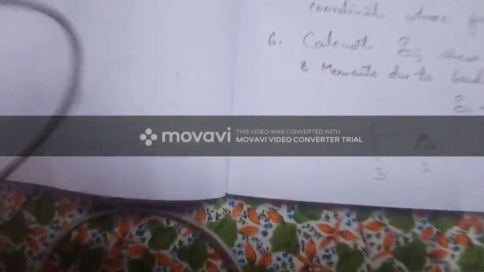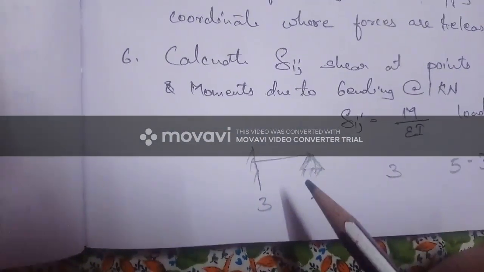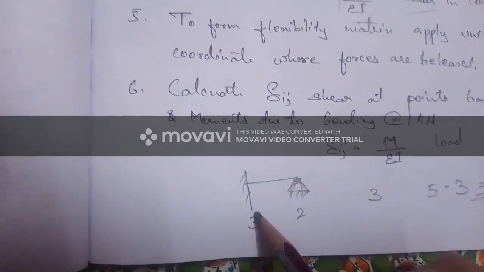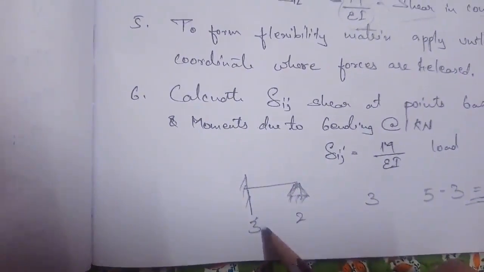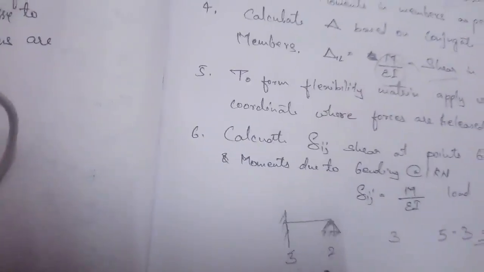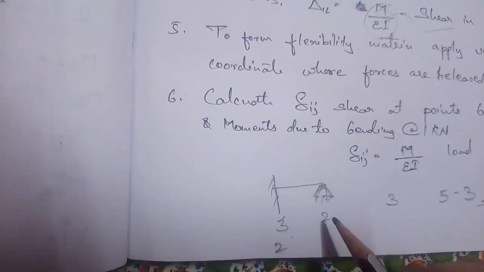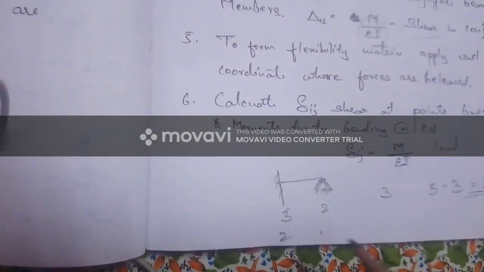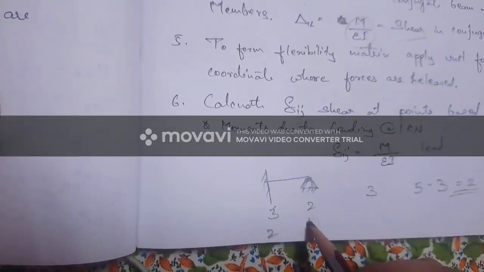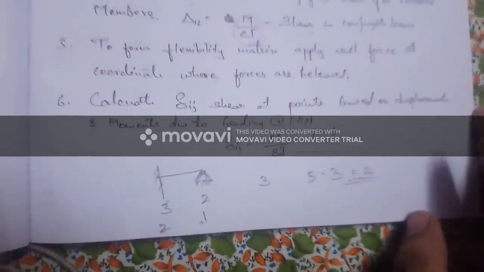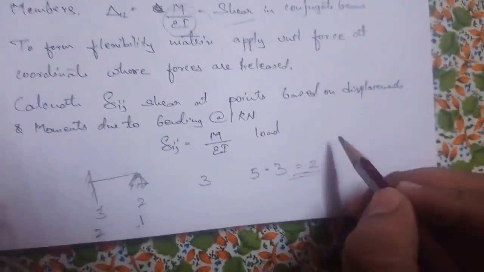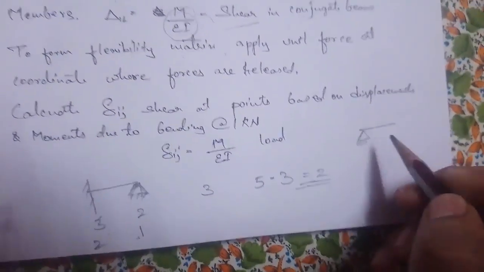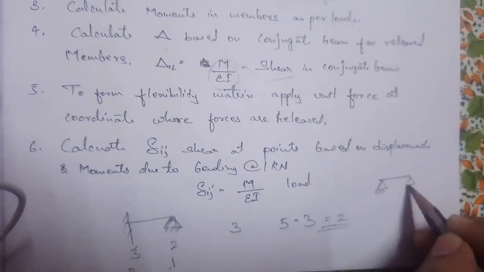To make this structure statically determinate, we can make the fixed support into a hinged support, so that one force is released and it becomes 2, and we can make the hinged support into a roller support, so that one more force is removed. So the possibility to make the structure statically determinate is, first, making the support fixed to hinged and then hinged to roller.